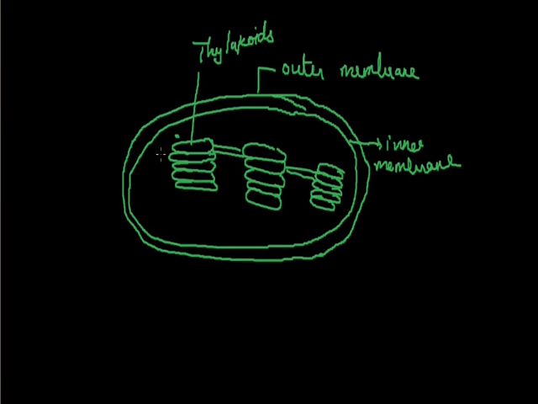These thylakoids collectively can be called the grana. This is the grana. The number of thylakoids per grana is 50 or more.